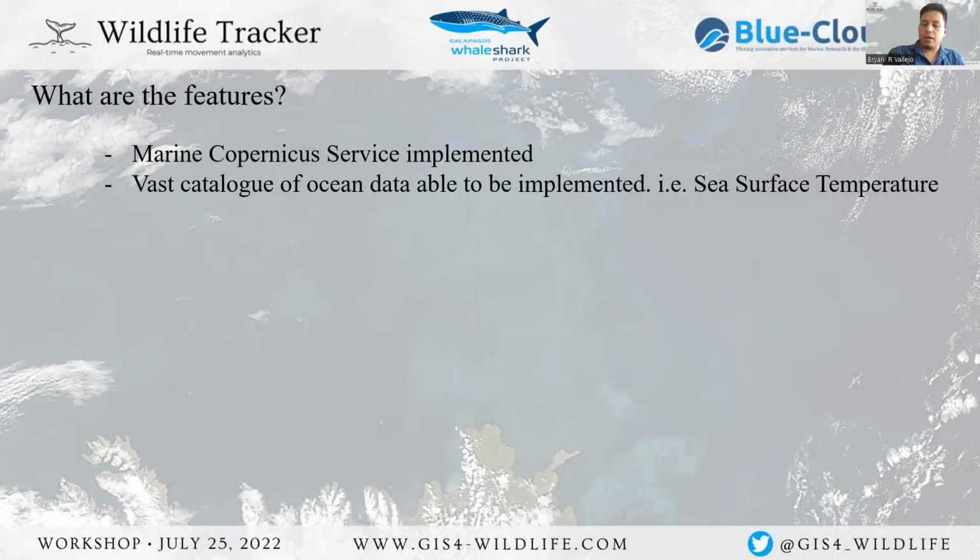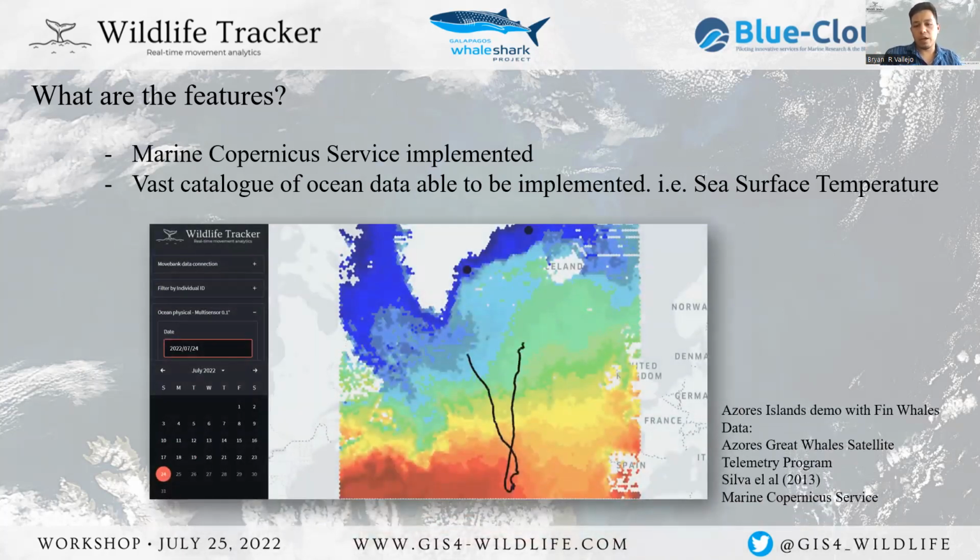So related to the features, we have implemented different datasets, not only the Blue Cloud, more from Marine Copernicus service. So we have a different catalog. We have a different dataset. For example, this one is sea surface temperature. So you can add it, you can select the depth dynamically, you can select the dates, and this kind of dataset from Marine Copernicus actually works in real time.